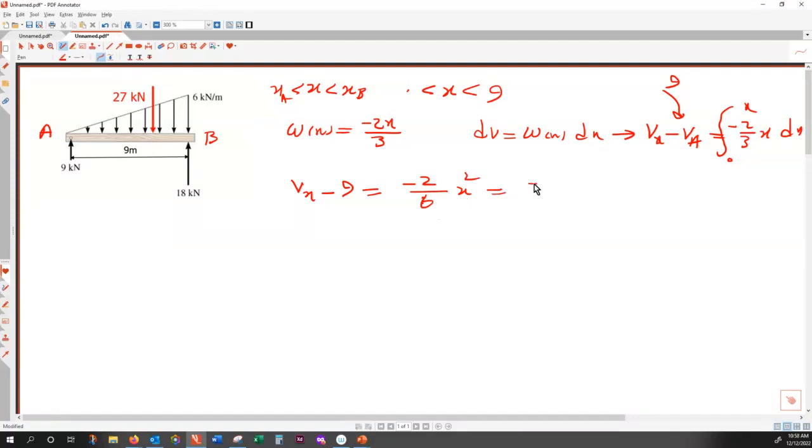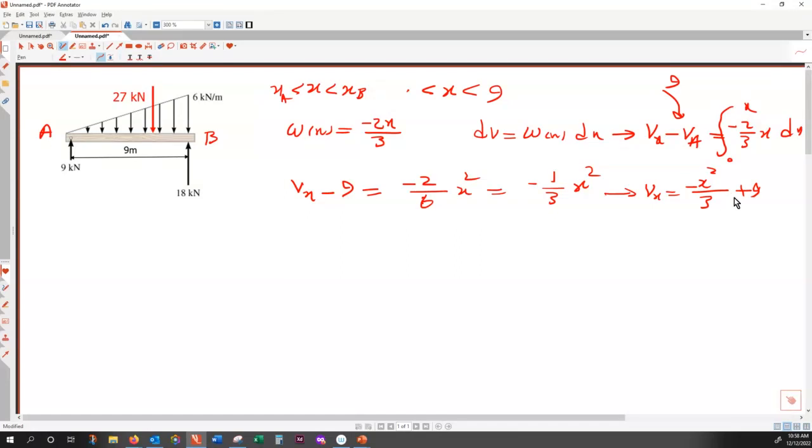All right, so that is equal to minus 1/3 x squared. And therefore you get V of x is equal to minus x squared by 3 plus 9. So we can test this one.